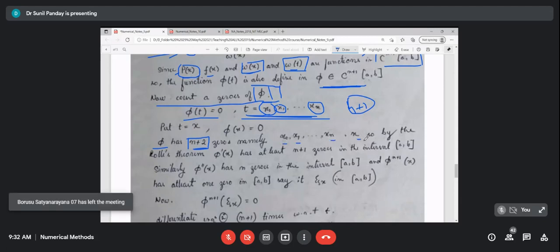So now phi has n plus 2 zeros, and the zeros are x_0, x_1 up to x_n and x. So by Rolle's theorem, if you remember Rolle's theorem from your first semester, phi dash has at least n plus 1 zeros in the interval. Why are we saying that?